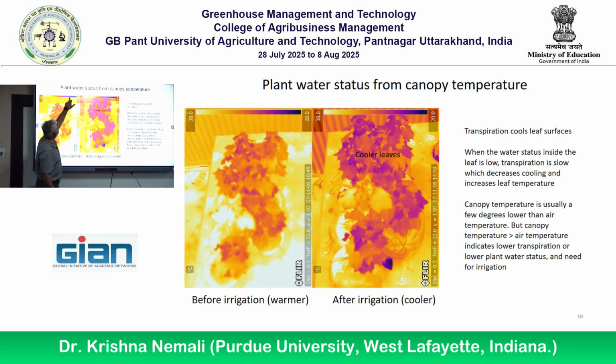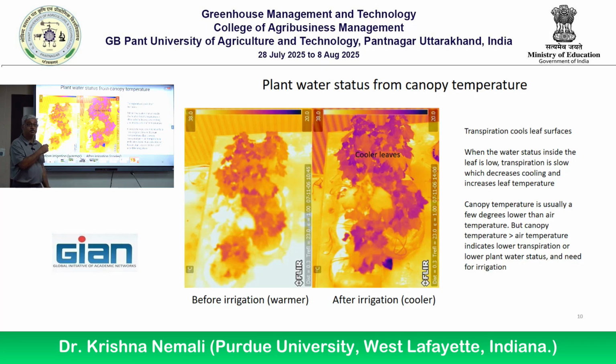When you get to purple and dark blues, what is the temperature? 20 degrees Celsius. So this picture, you got some purples here and there, but lot of yellows, right? And then we added water, and then what has happened here? And what purple means? Leaves are? Why are leaves cooler? There is a lot of water now in the pots, right?